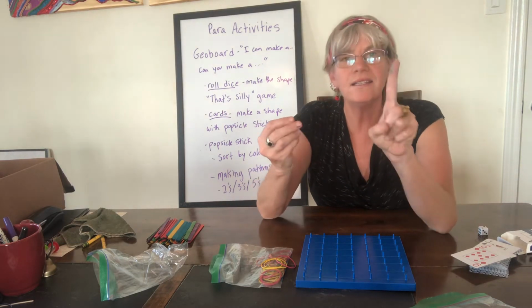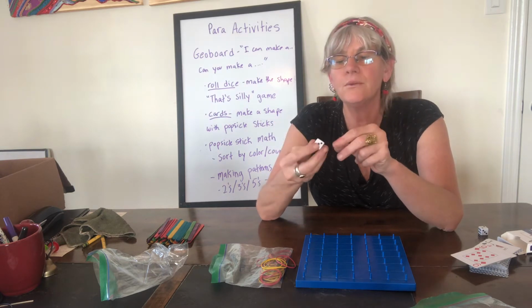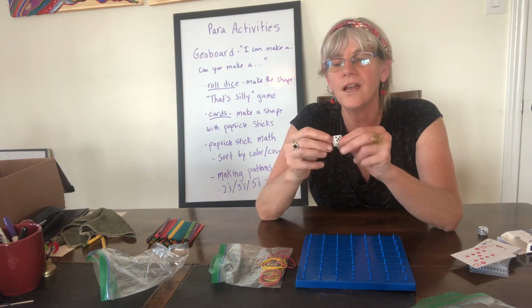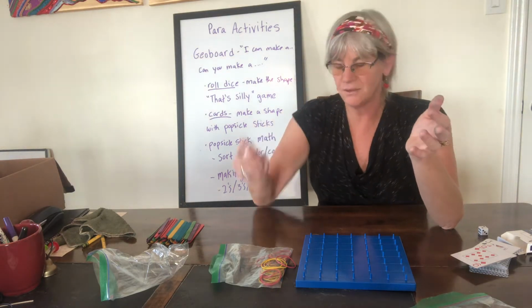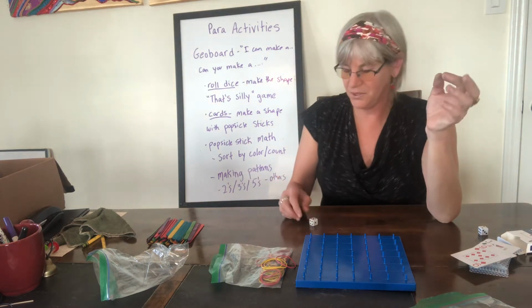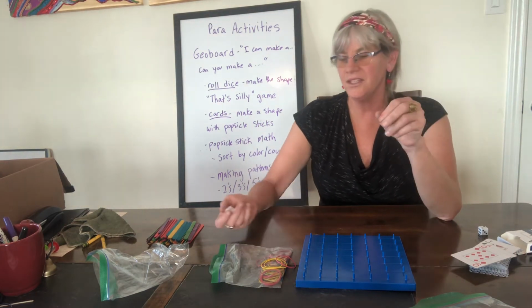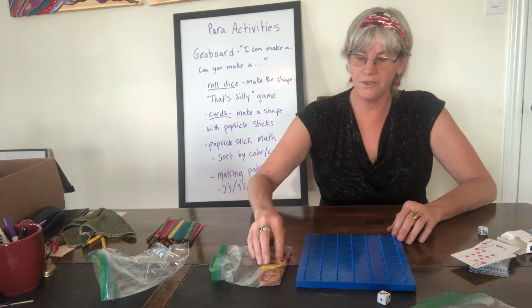With one side, it's just a line. With two sides, it's an angle. You need a 3, a 4, a 5, or a 6 to make an actual shape. So if they roll a 1 or 2, that's silly. Who can say it first? And then you're creating shapes with your dice and your geoboard.